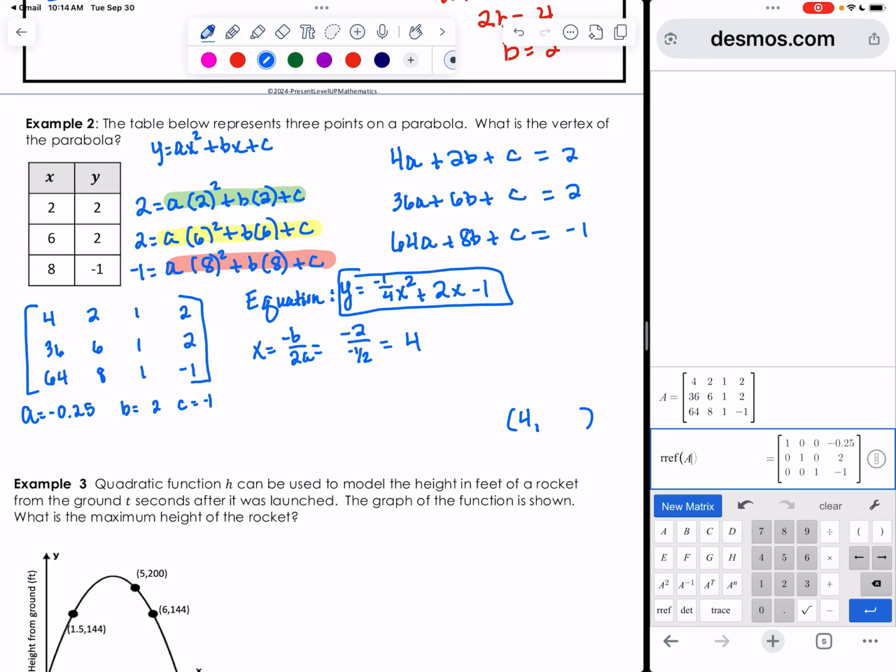To get the something, you must find f of 4. So I'm going to plug in a 4 for each of these x values.